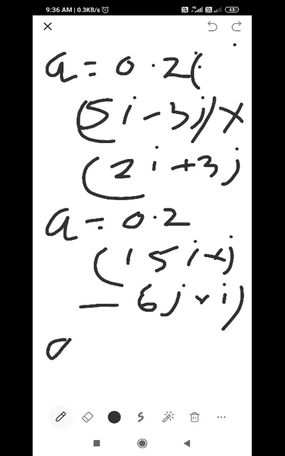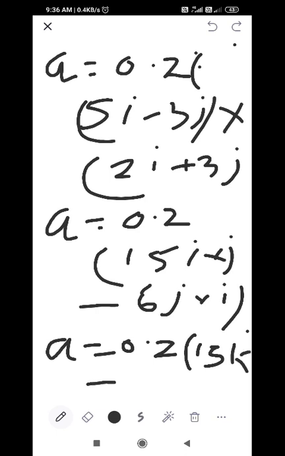We will get A is equal to 0.2 into 15 I cross J, that is K cap, minus 6 J cross I, it is minus K, so minus minus plus, it is 6K.